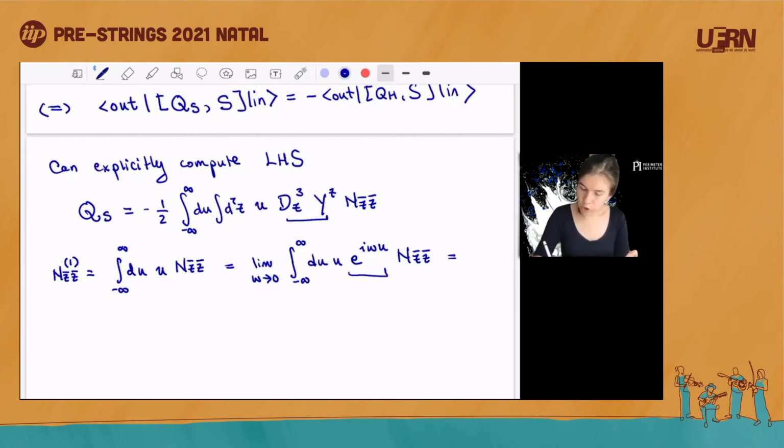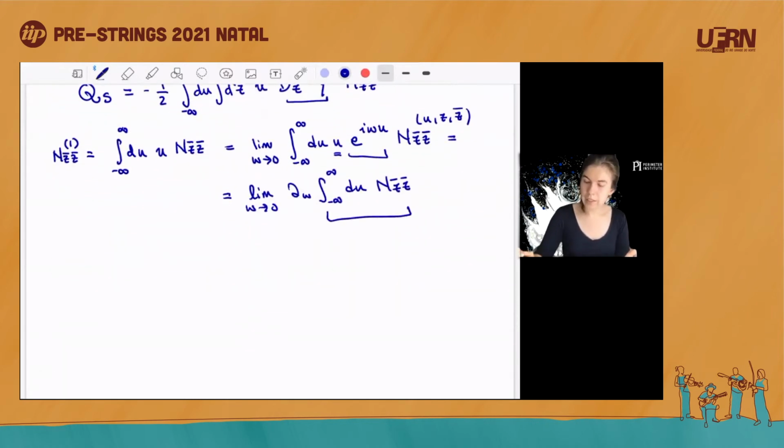But we also notice that this is the same as the limit as omega goes to 0 of d by d omega of this, which is just a function of u, z, and z bar. I can reproduce this u factor by taking a derivative with respect to omega of this expression, so minus infinity to infinity, du and z bar.